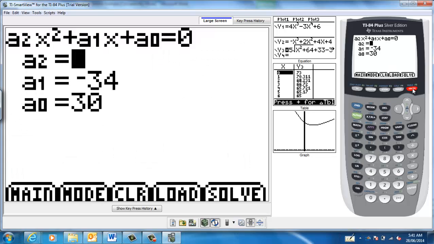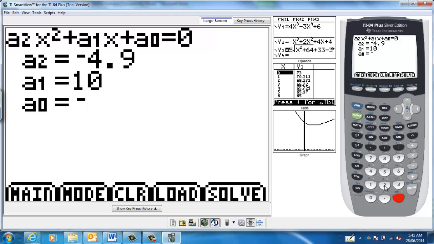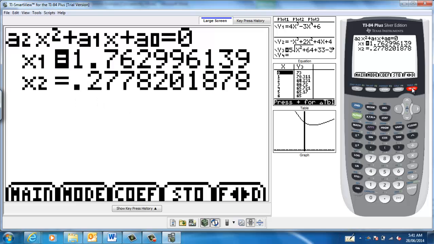The value for A2 is always going to be negative 4.9. Our A1 value is our initial velocity, which was 10, and then A0 is going to be our height, in this case minus 2.4. Remember we had to bring it across. Then all I have to do is press solve.